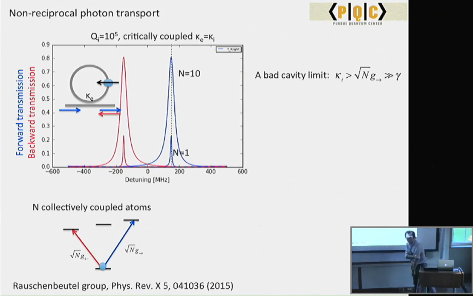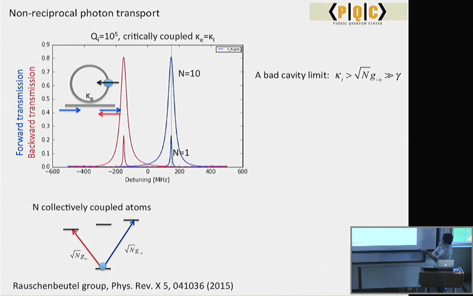Because the propagation is chiral, if you put in an atom with internal structure and then apply a large Zeeman shift such that you shift away the resonance for sigma plus and sigma minus, then you can create a situation where if you send a light probe to the right, you see this kind of transmission spectrum.